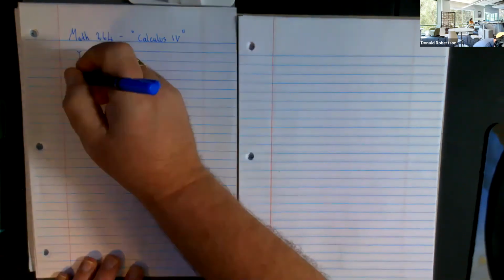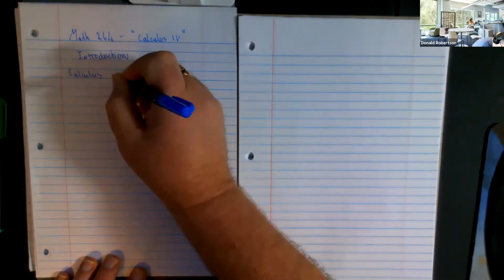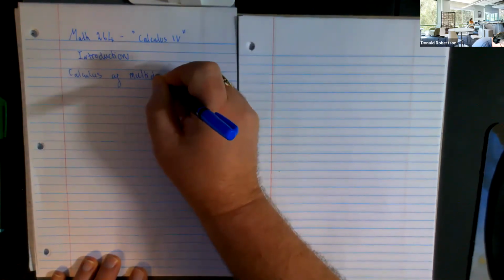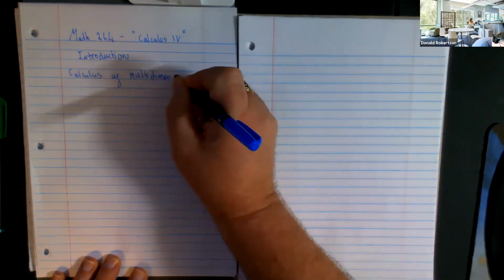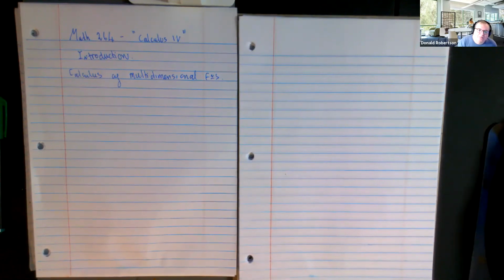Well, Calc 4 really deals with the calculus of multidimensional functions. So we just take basically Calc 1 and Calc 2 and a little bit of Calc 3, but not really so much. And we just take them to the next step. What do I mean by that?